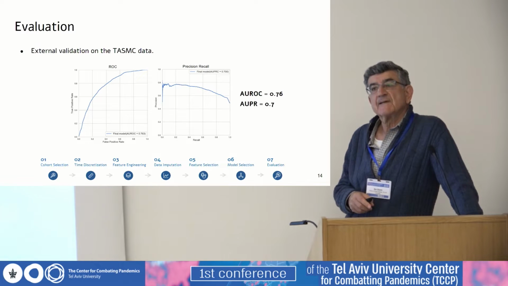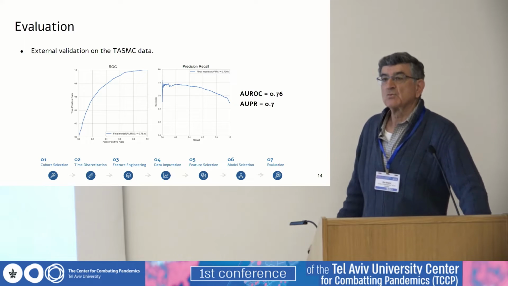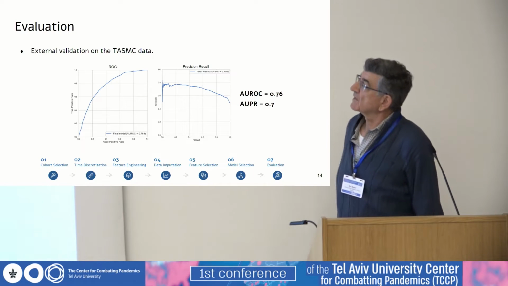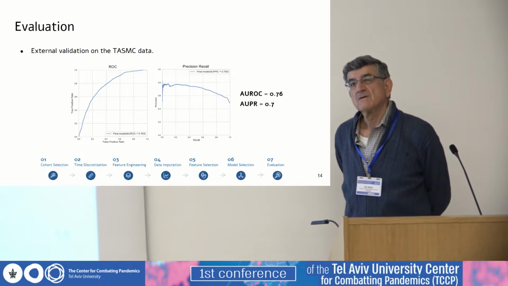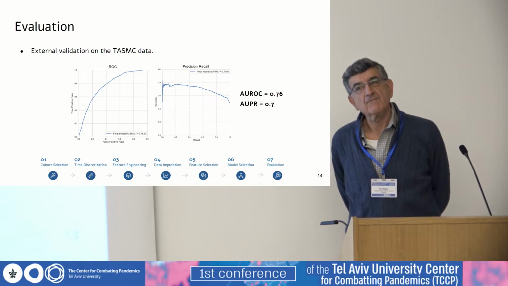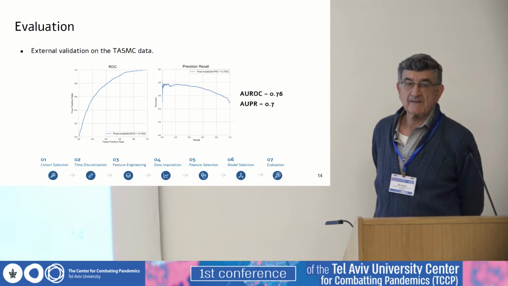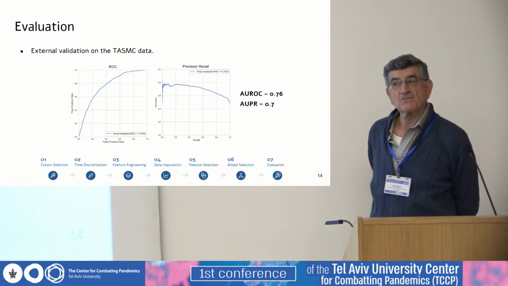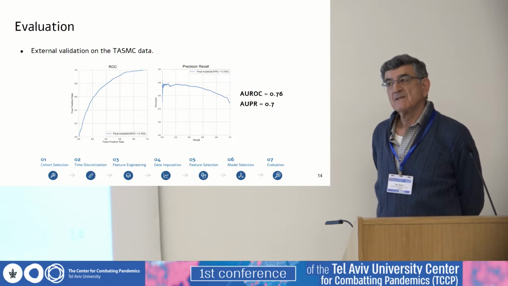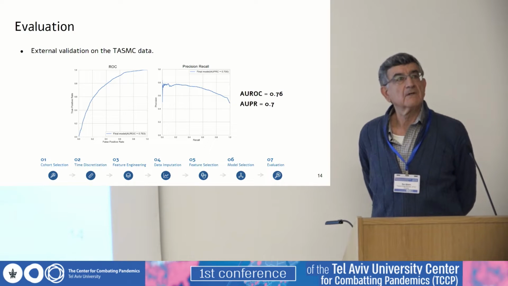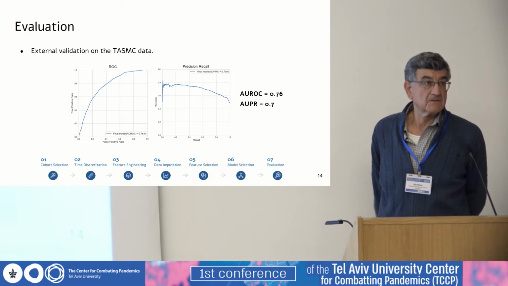So this means that, of course, one can choose a point along the curve in order to balance precision, sensitivity, etc. Just to give you an example, if we wish to have a positive predictive value of 0.9, we have a sensitivity of nearly 0.5. So this means that if you are willing to have a 10% false positive, you will catch half of the deterioration cases.